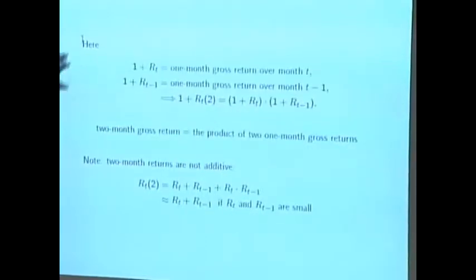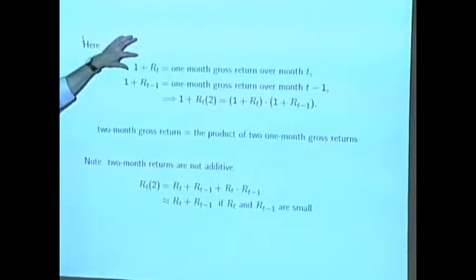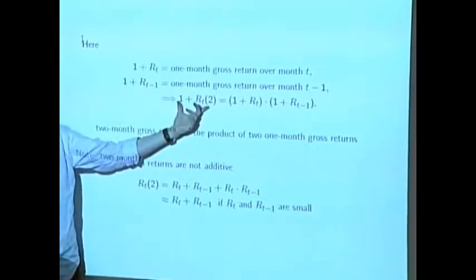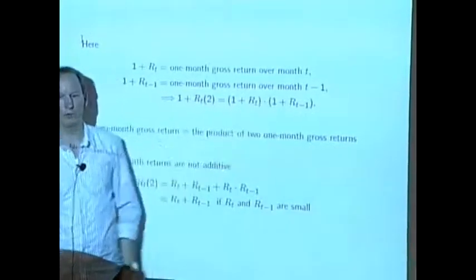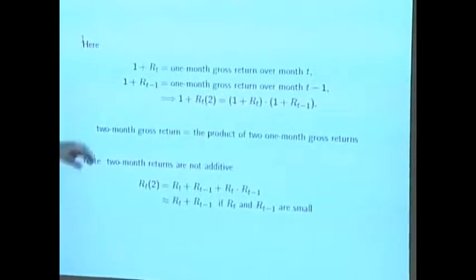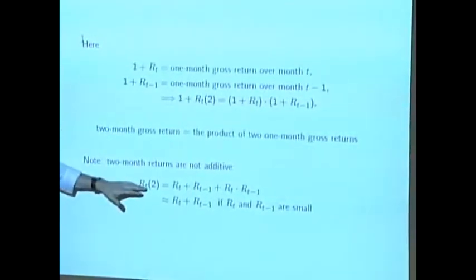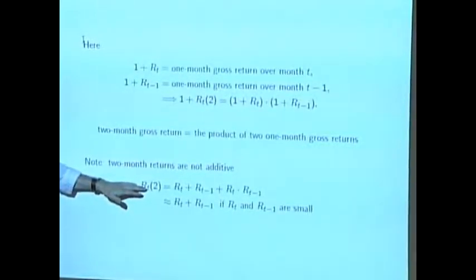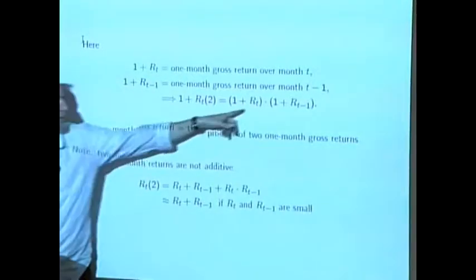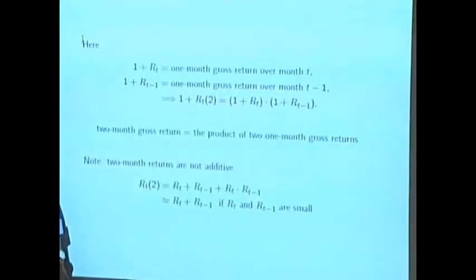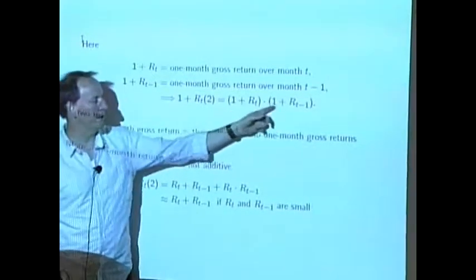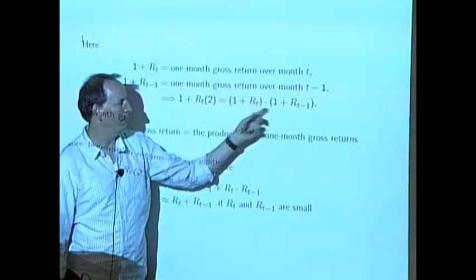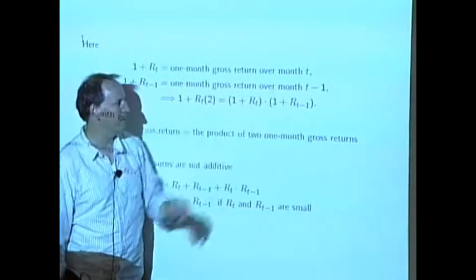All right. So to summarize, we have a 1-month gross return over month t, a 1-month gross return over month t minus 1, and the 2-month gross return is the product of the 2 1-month gross returns. And if you look at this relationship, when you multiply everything out, 1 plus Rt times 1 plus Rt minus 1, you get 1, and then Rt, and then Rt minus 1, and then Rt times Rt minus 1.